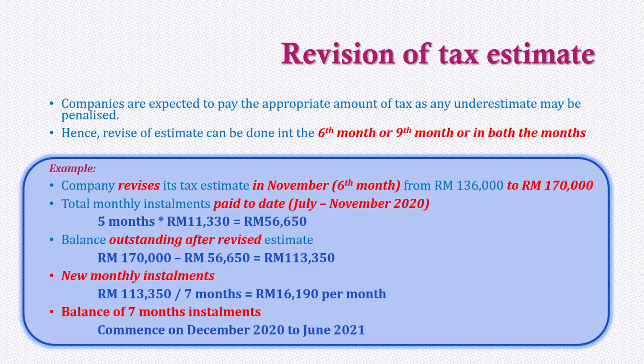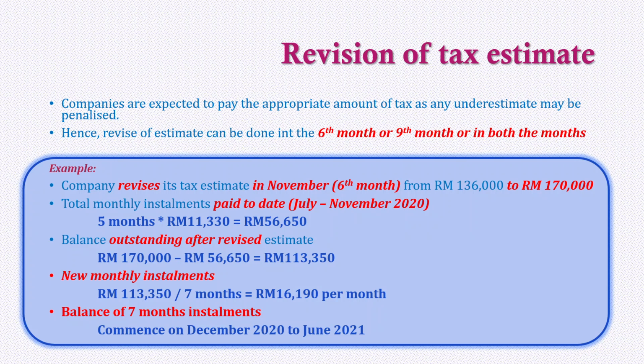June, July, August, September, October, November. So in the 6th month, November, you decide to revise because you notice that your business performance is very good, increased. So you want to revise initially from RM136,000 to RM170,000. So you revise to a higher 170,000.